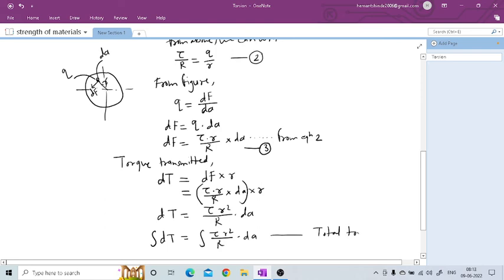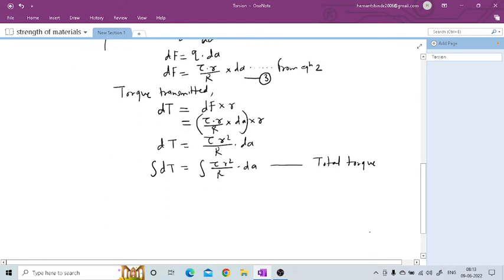So to find out this total torque, I will have to make the integration of the above equation. Now the limit for the torque: when the shaft is not rotating, the torque transmitted will be 0 and the maximum value will be T. Similarly, for this particular area, the area will be 0 to maximum area A. Now we will take the values which are constant outside of this integration: the maximum torque is constant, the maximum radius is constant.